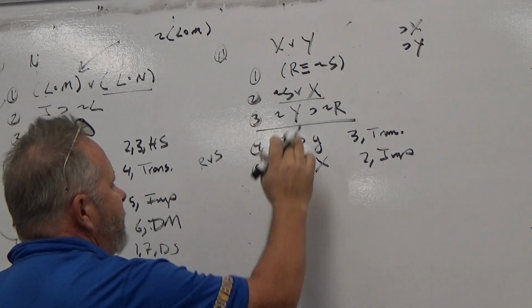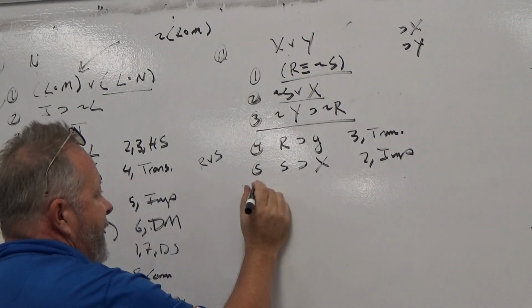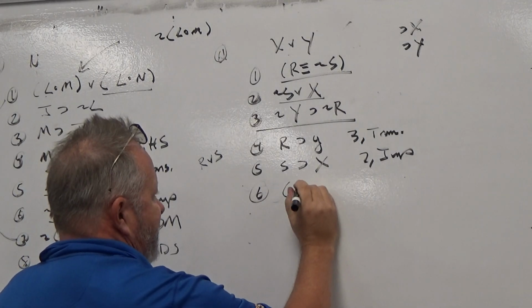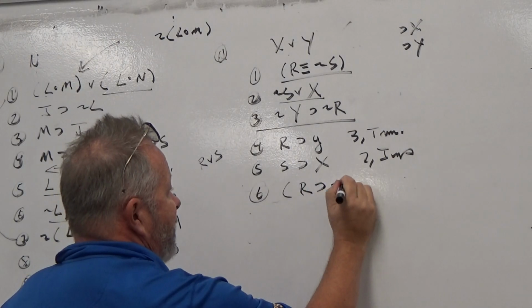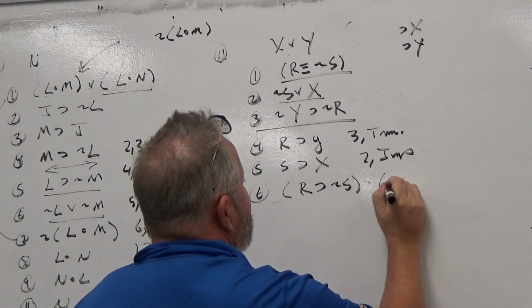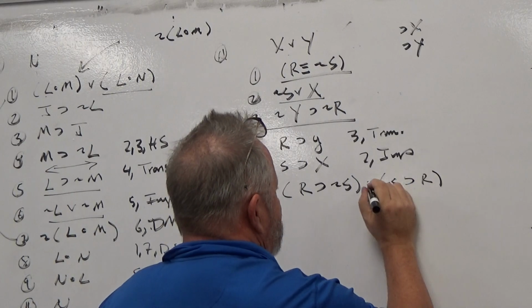So this is what I have to work with. So let's break it up using material equivalence, and I'm just gonna guesstimate that this is the way we're gonna go. R then not S, and not S then R, okay?